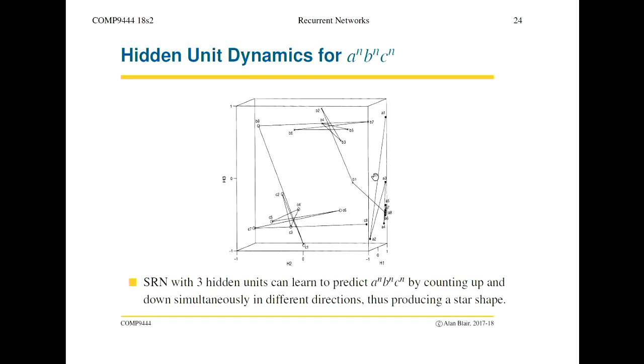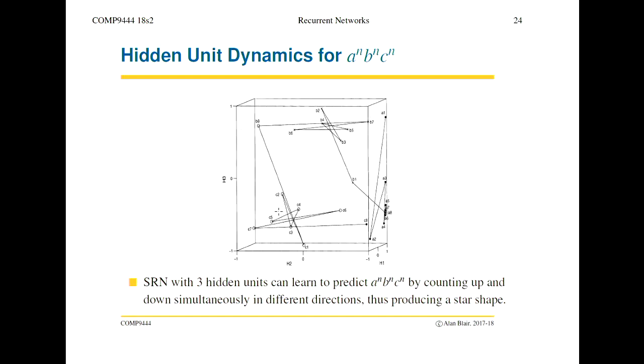As it processes the A's, it's oscillating towards a fixed point here, but then as it processes the B's, in one direction there's an attracting fixed point, and in the other direction there's a repelling fixed point. So you get this oscillating inwards in one direction and outwards in the other, and that produces this nice kind of star shape.